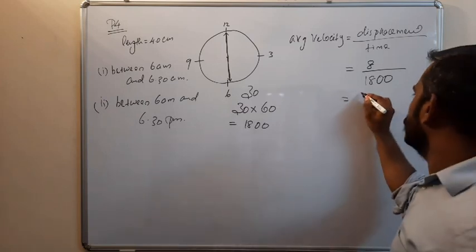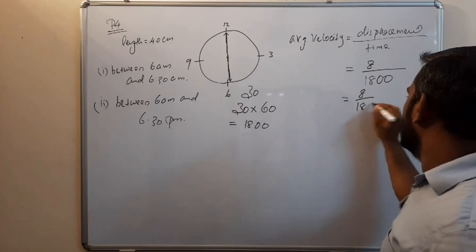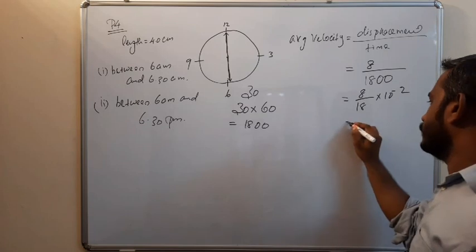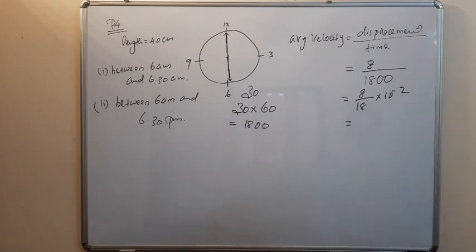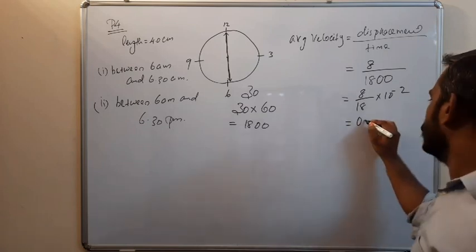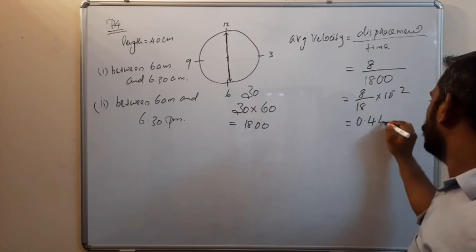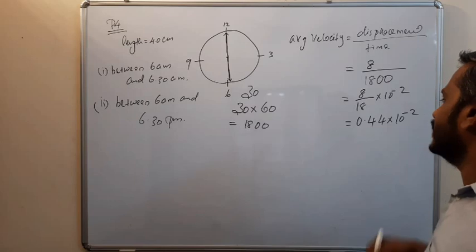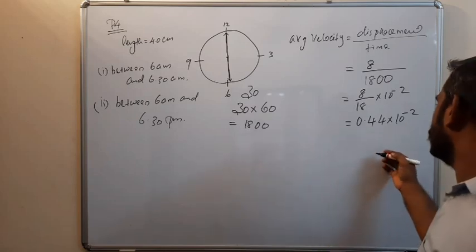So that's equal to 8 divided by 18 into 10 to the power 2. 8 divided by 18 is 0.44, so 0.44 into 10 to the power minus 2.